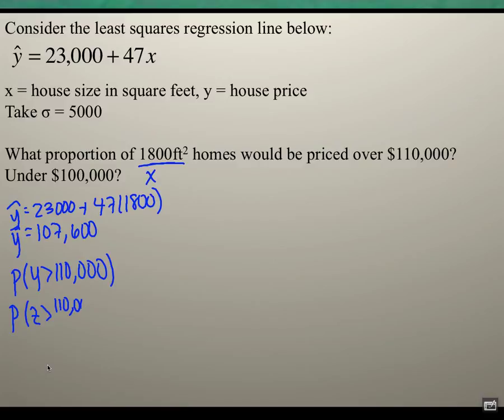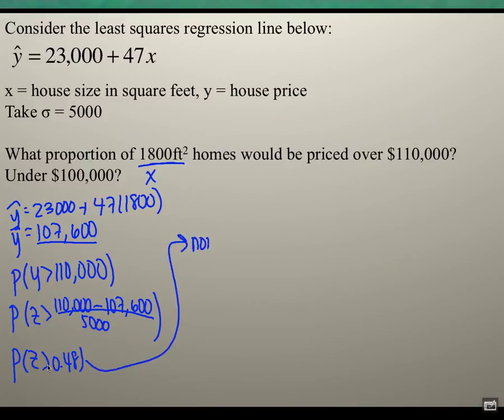So you have 110,000, subtract what you would expect, 107,600, and then use a standard deviation of 5,000. So I got a z-score of 0.48. Do most of you use the calculator for this and not the table? I think most of you do.